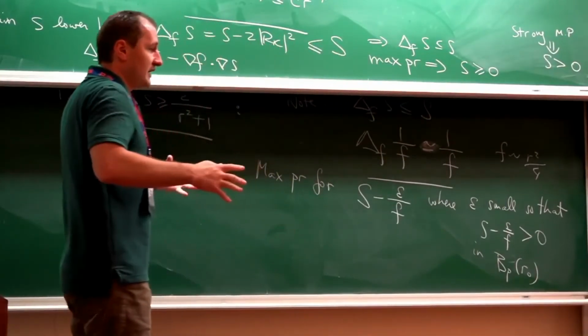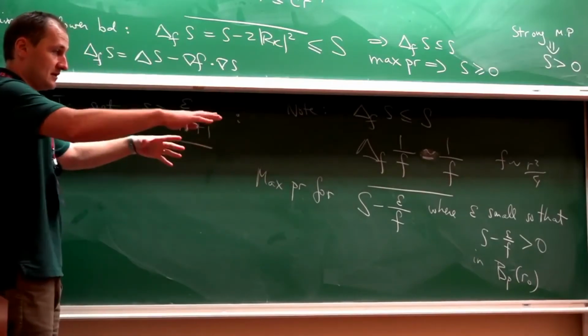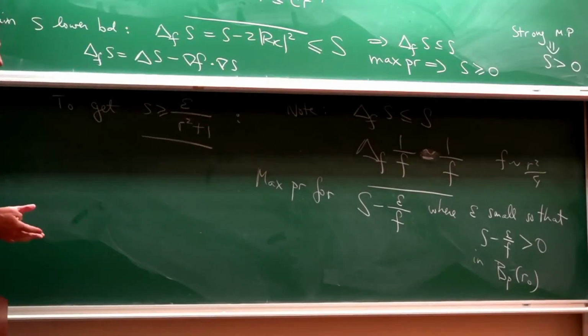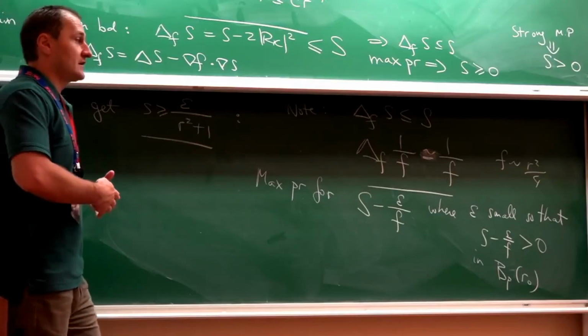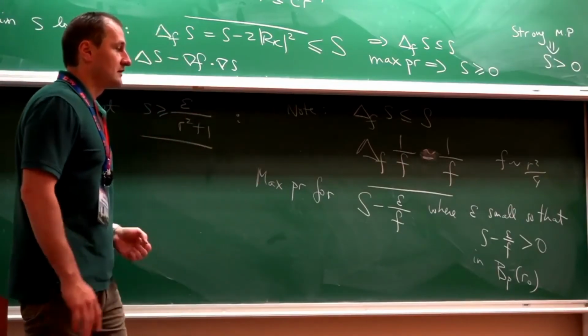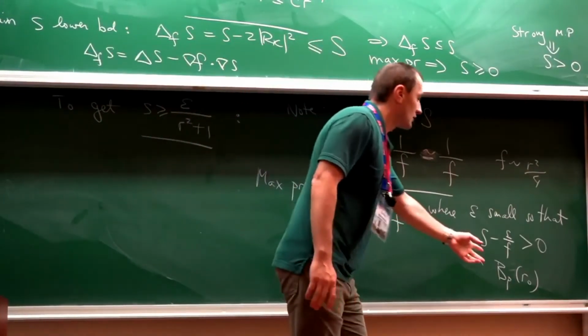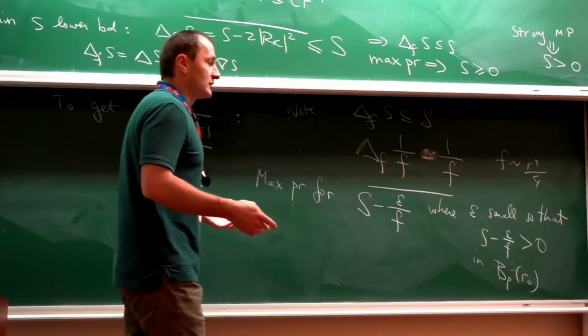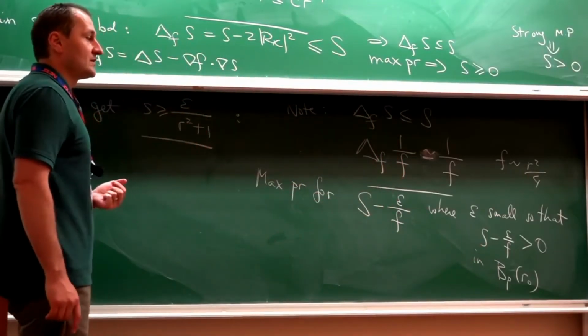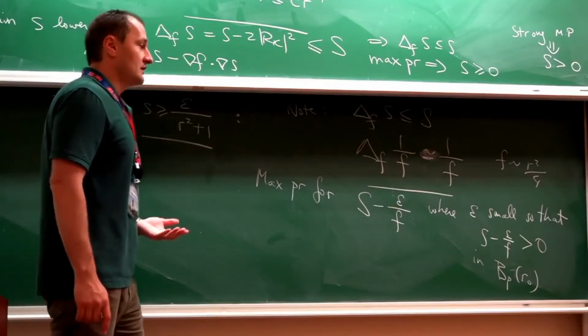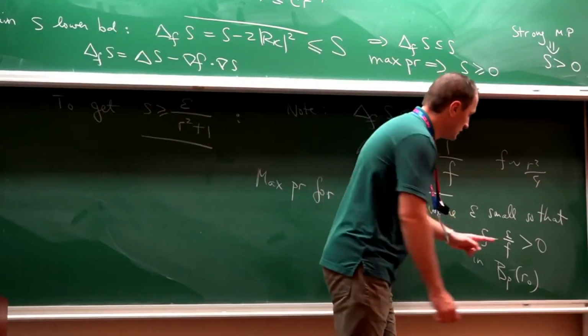So I'm picking epsilon small enough so that at least inside the manifold this is true. The problem is, how do I get it outside that compact domain? I get it by the maximum principle. On the boundary, I know the estimate is true. At infinity it is also true because this goes to 0.